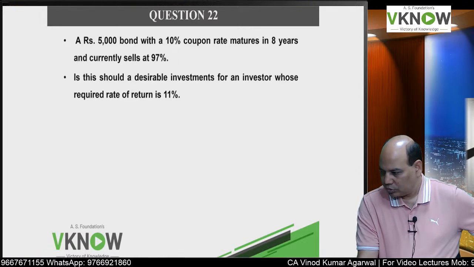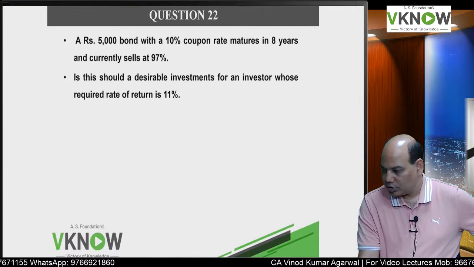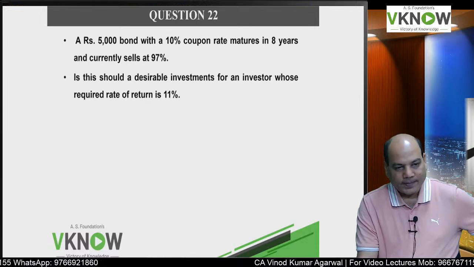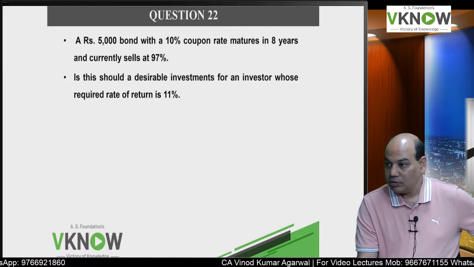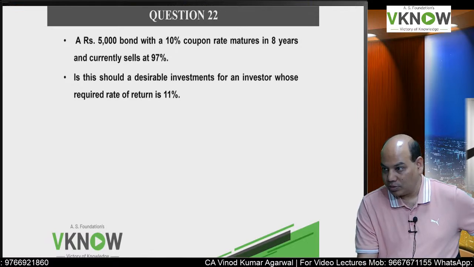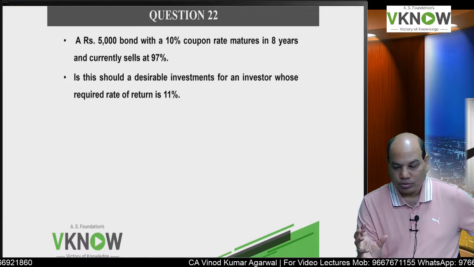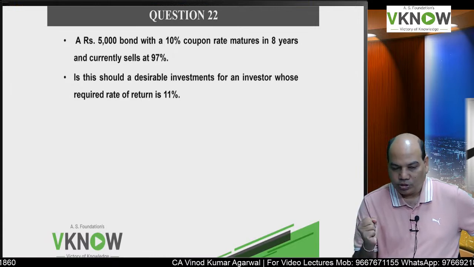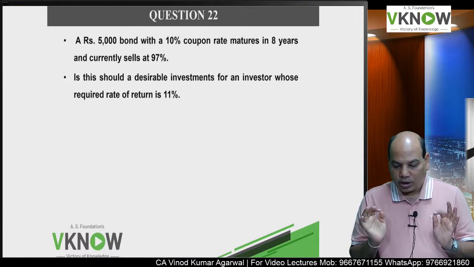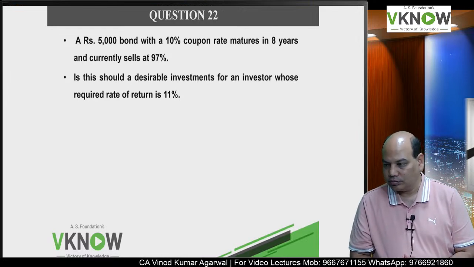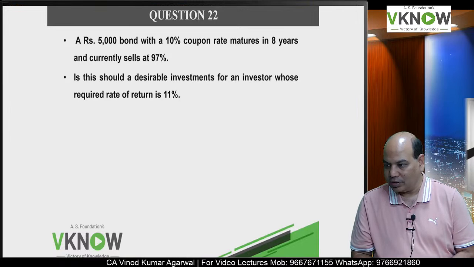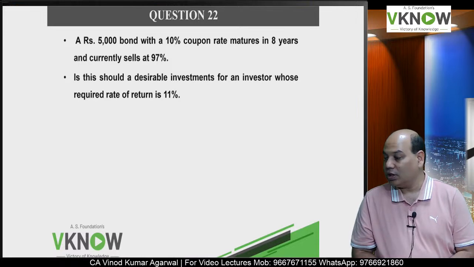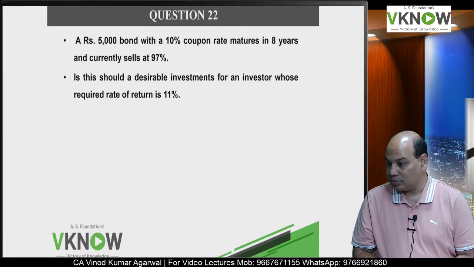Okay, next is question 22. We'll first take some basic questions, then we'll move to advanced exam oriented problems also, because first we need to revise and make your concept stronger. A rupees 5,000 bond with a 10% coupon rate matures in 8 years and is currently selling at 97%.